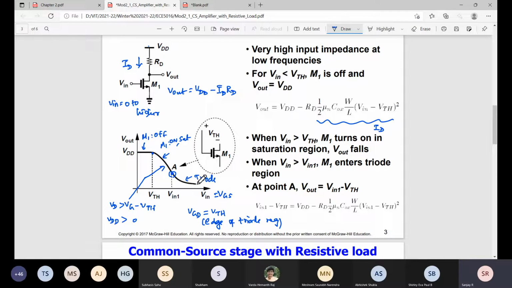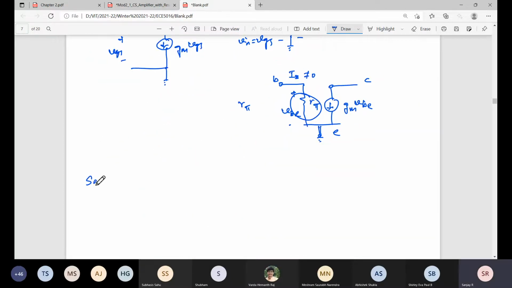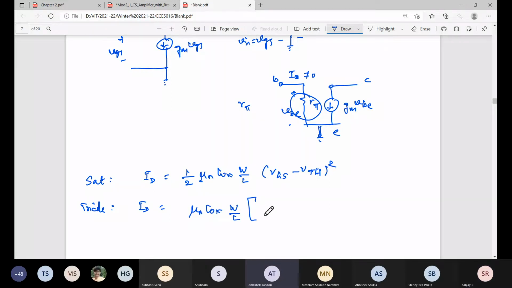Now how can I write the current expression in the triode region? In saturation, ID equals mu n Cox W by L (VGS minus VTH) whole squared. In the triode region it is mu n Cox W by L times [(VGS minus VTH) into VDS minus VDS square by 2].